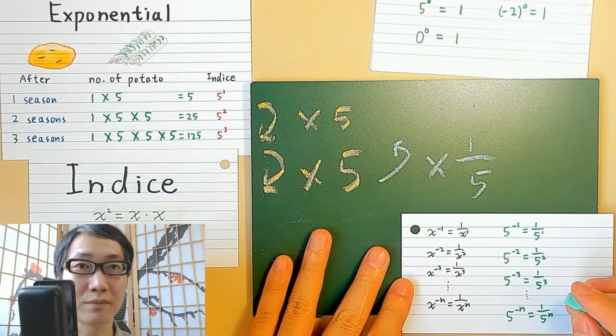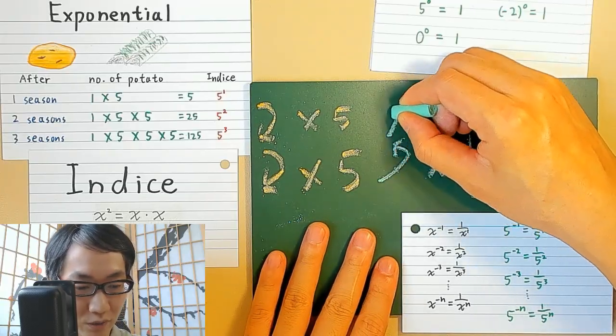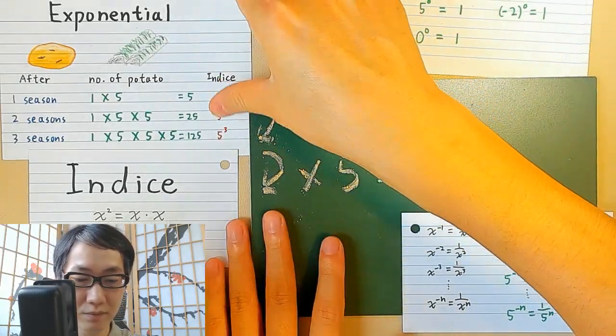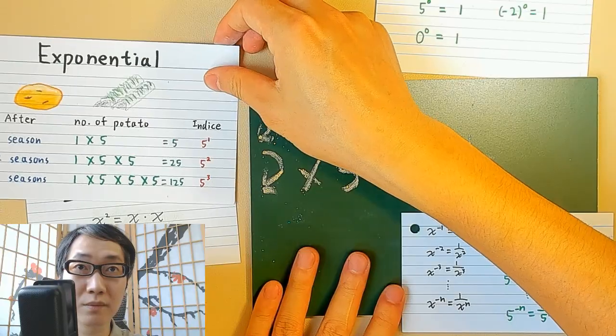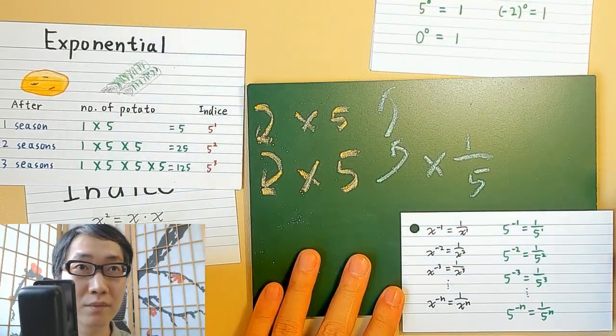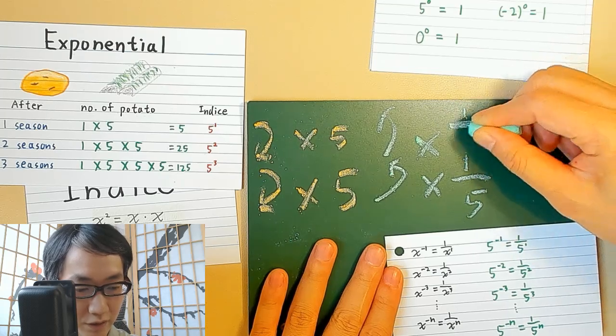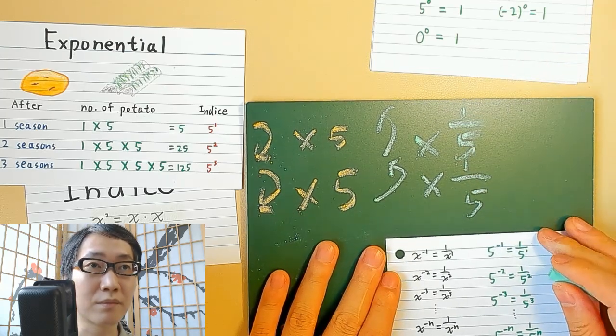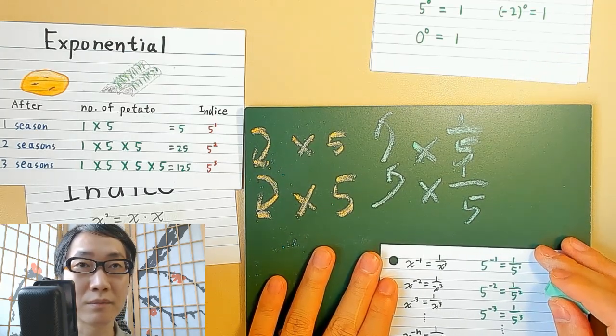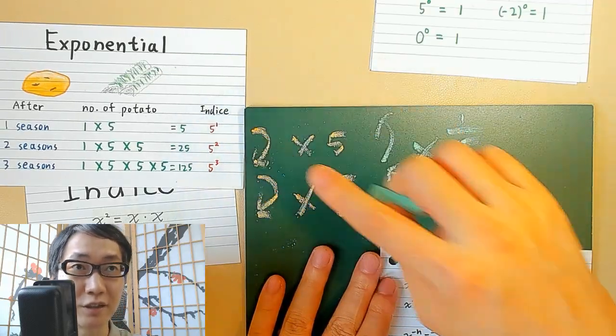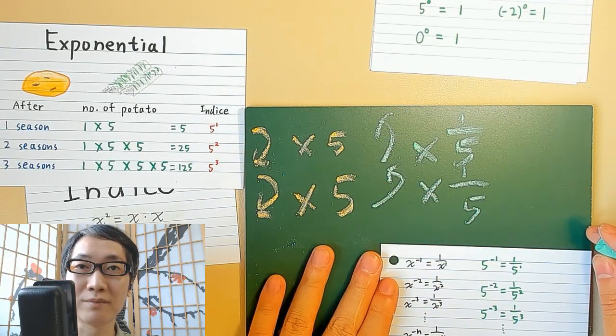Okay, and then we go back 1 season. Then it's multiplied by 1/5. Okay, so here to here is multiplied by 1/5.